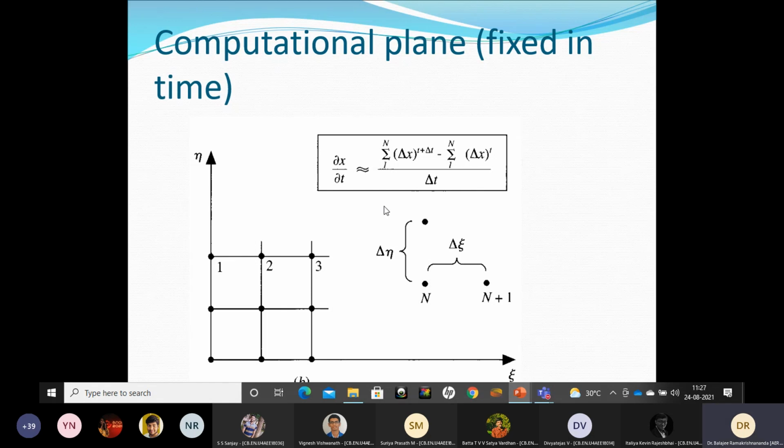So at every point, how much is delta x at t plus delta t? The expression denotes dou x by dou t. How much should you change this delta x? See, n is a variable here.